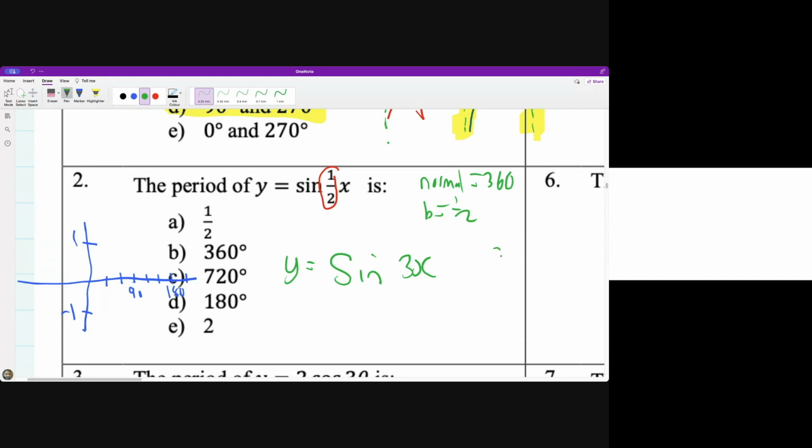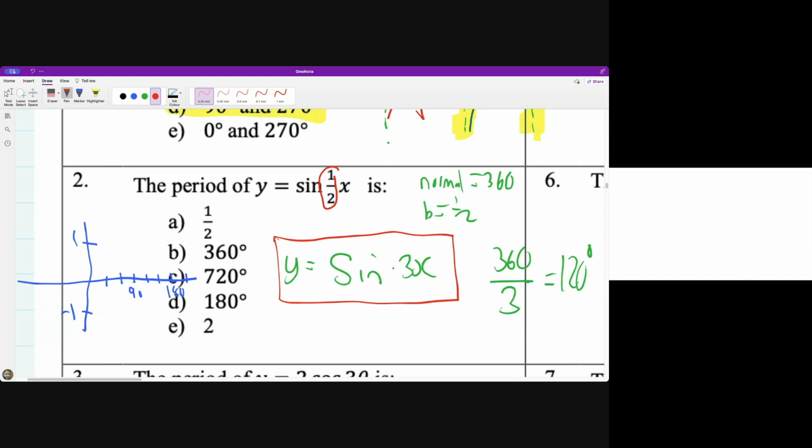So you take the normal period and you divide it by 3, and so the new period would be 120. Give me a thumbs up if you got the new period for that made-up question was 120.